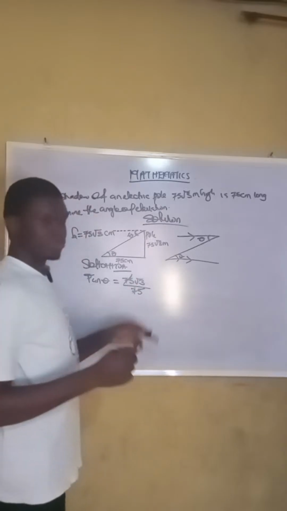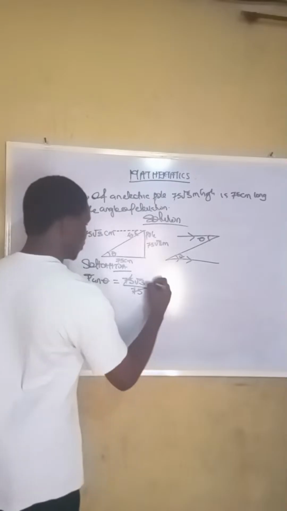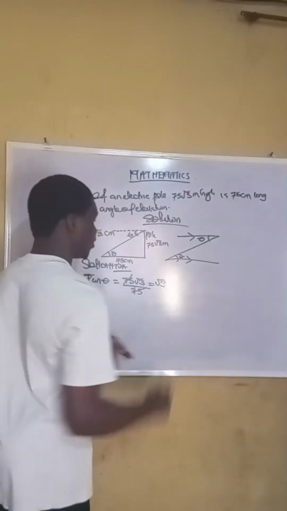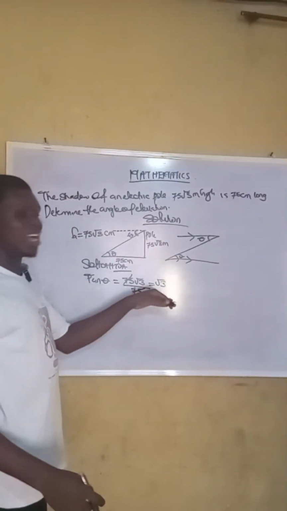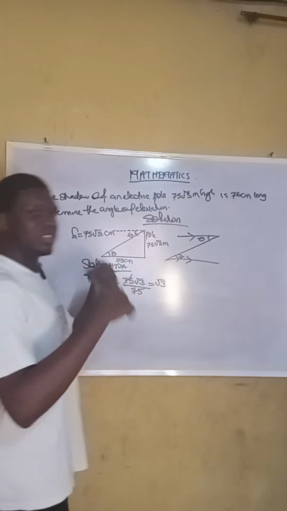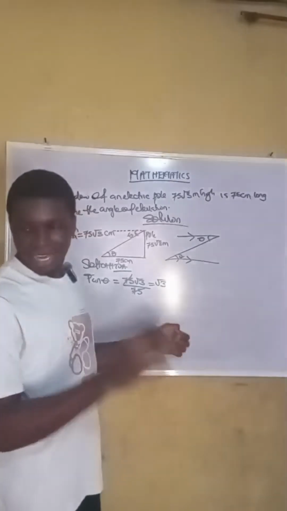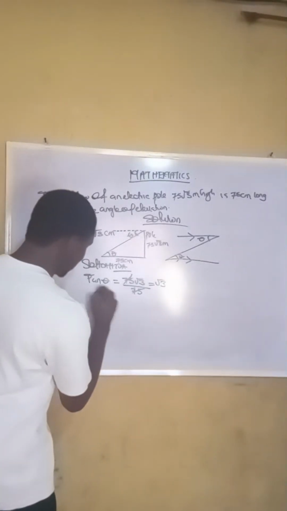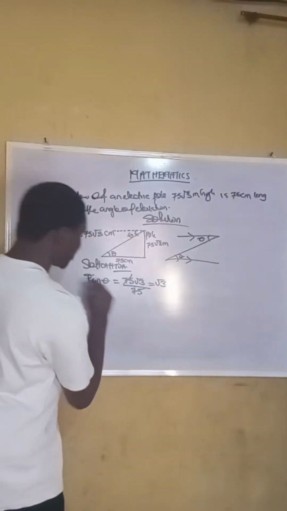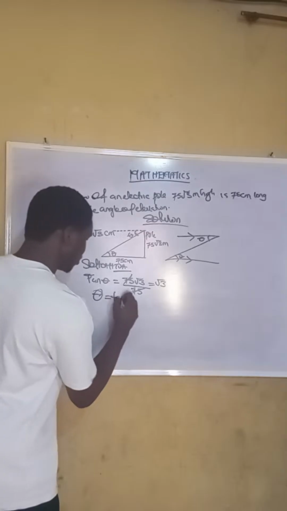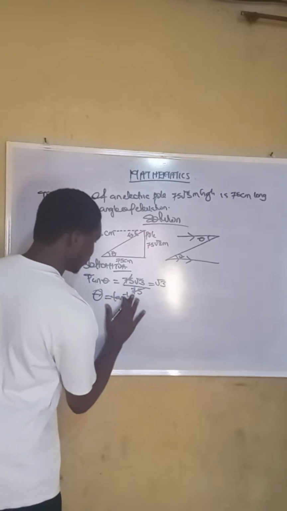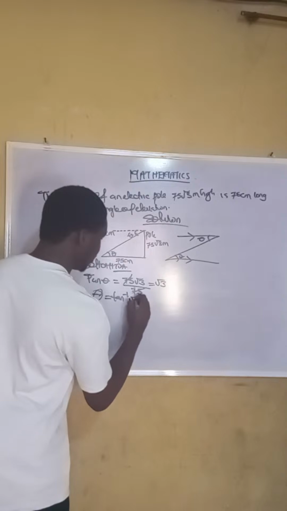75 can strike out, so we're left with root 3. Tan theta is equal to root 3. We're looking for theta, not tan theta. So what we do next is that we find the arctan. That's to say, theta will be equal to the inverse tan of root 3.